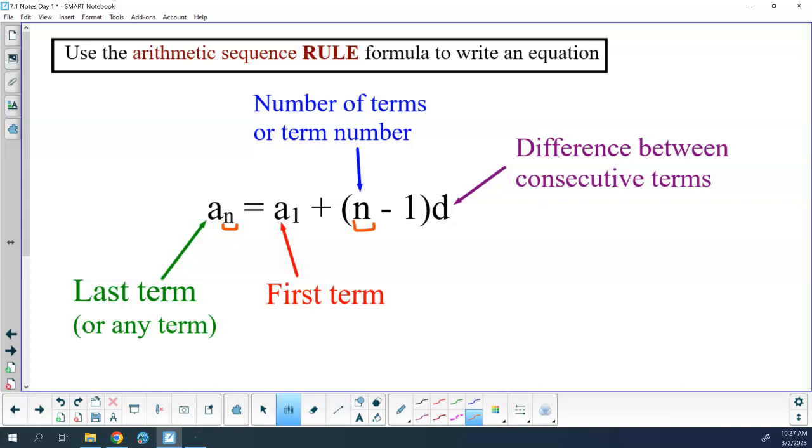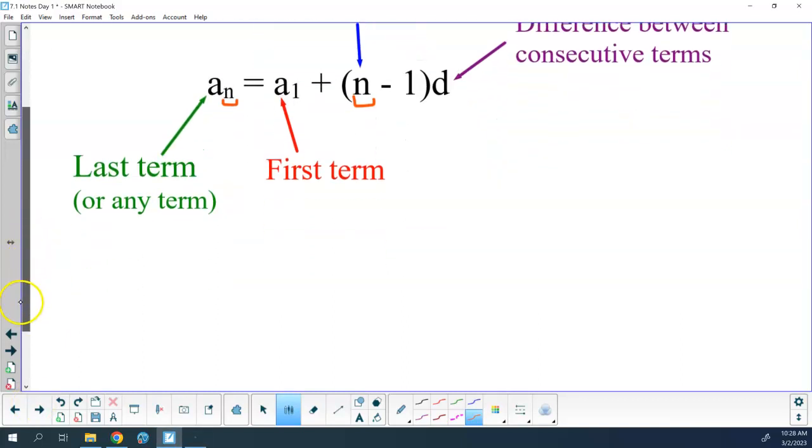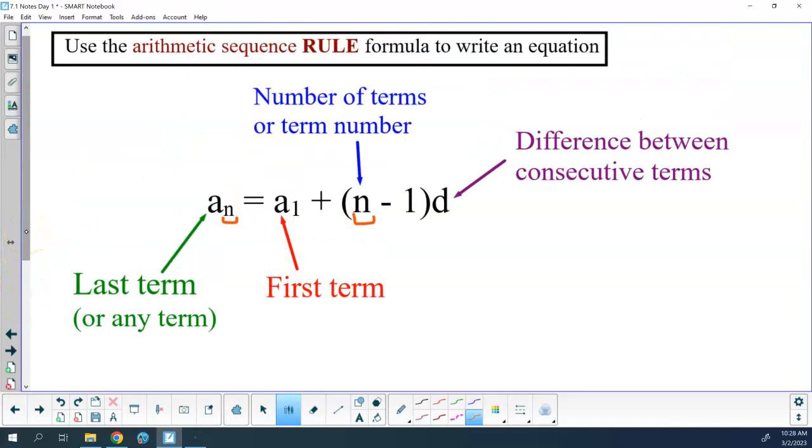If you're looking for the 84th term, N would be 84. Okay. Everybody good on that? All right.